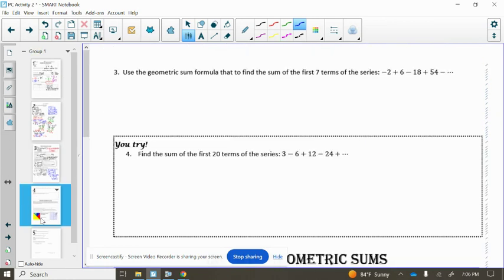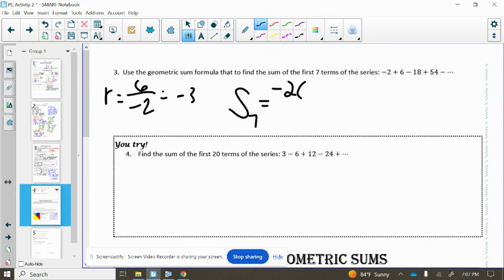Now, sometimes you're going to notice once again that our series might flip-flop. To find that r value, don't be afraid of seeing that changing sign, because all that really means for us is that our r value is negative this time. In this case, it's negative 3. And the sum of those first 7 terms is the first term, times 1 minus that r value to the 7th this time, all divided by 1 minus the r value.